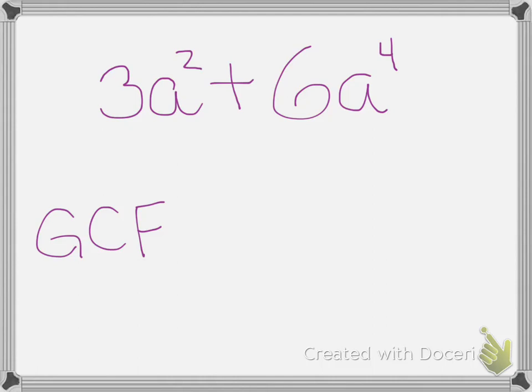So I always look at the numbers first and then the variables. So what's the biggest number that they have in common? Like 3 is the biggest number that goes into both of them. Remember, it's got to be common and it's got to be a factor, meaning that it has to go into them. So their greatest common factor is 3 because it's the biggest number that divides into them evenly.